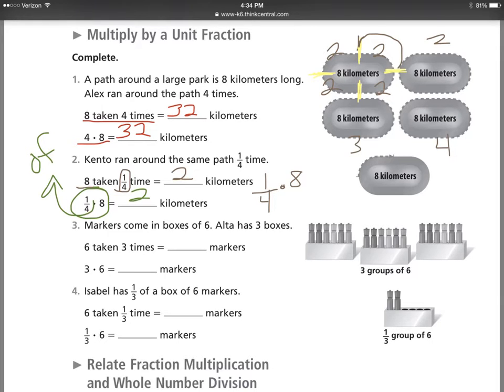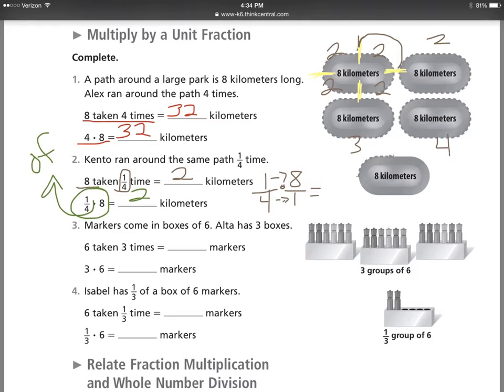We never multiply whole numbers, ever. If we have any mixed numbers, we're going to change them to improper. And when we have a whole number like 8, we can simply change that to a fraction by making the denominator 1. We have now created an improper fraction that equals 8. When we multiply fractions, we multiply straight across.